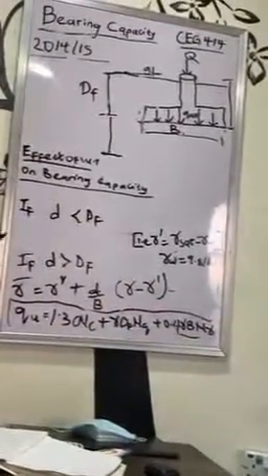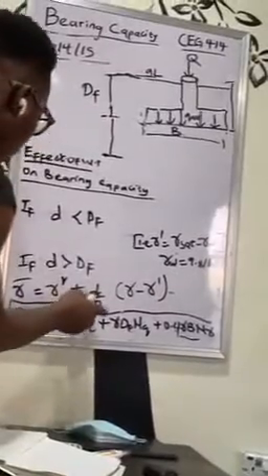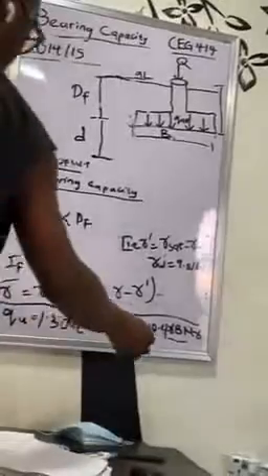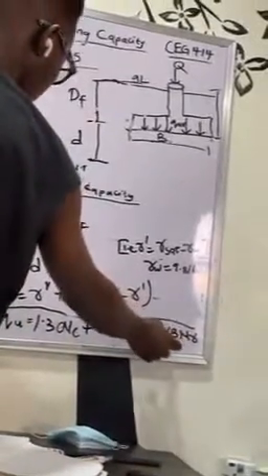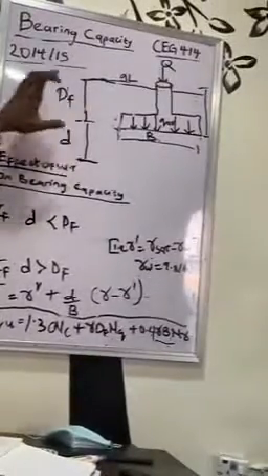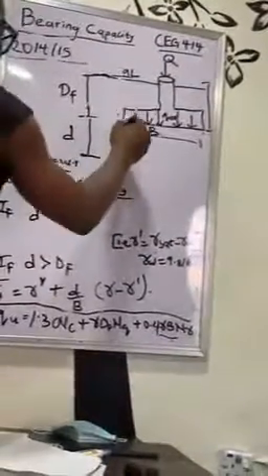Where D is your depth of water table, let's just call this D. Please note that for this to affect gamma B here, the depth of water table has to be less than the breadth of the foundation itself.